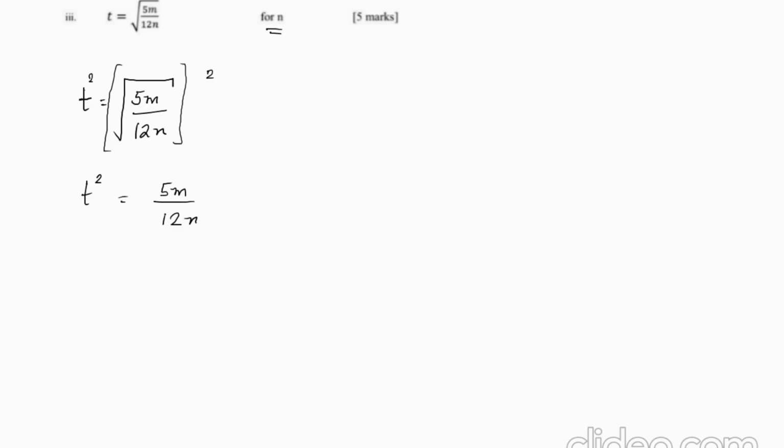So what I'm going to do now is multiply by 12n on this side. That's going to cancel this, but because I have to multiply by 12n on the other side, it reintroduces the 12n. So these cancel. And on the right hand side, I'm left with just 5m.